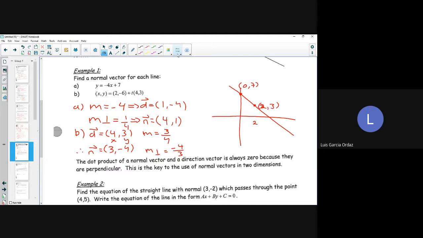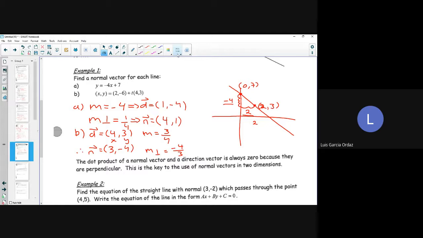Because I'm reading graphs from left to right, I'm going 4 units down, 1, 2, 3, 4, which means my rise is negative 4. And I'm going 2 units to the right, 1, 2. So again, your rise, or your y, will always receive the negative, not your x. Does that make sense? All right.